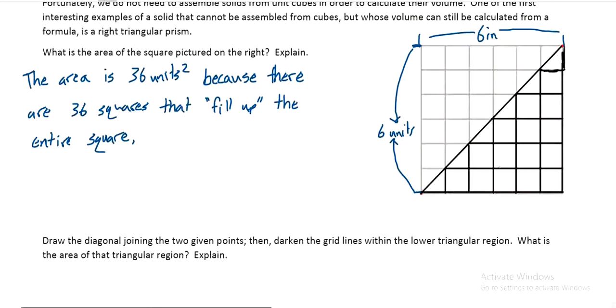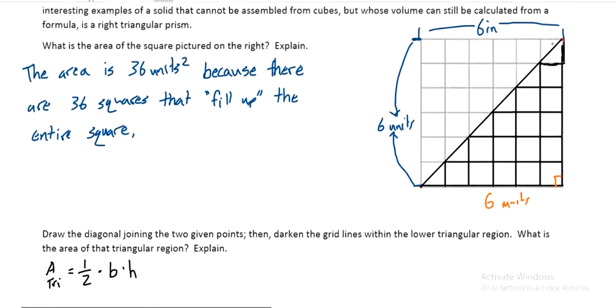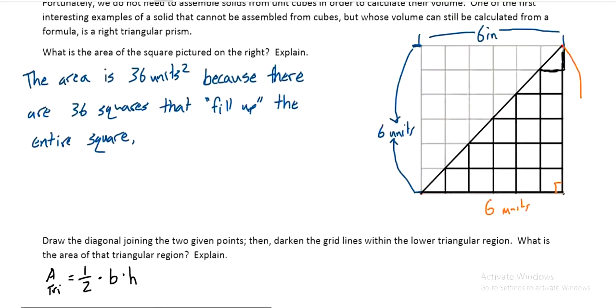So to find the area of it, we know that the area of a triangle is equal to 1/2 times the base times the height. The base and the height have to be perpendicular. Right here, I see that that's where my 90-degree angle is. And again, I'll remember from here to here, the base is 6 units. And my height was also 6 units.